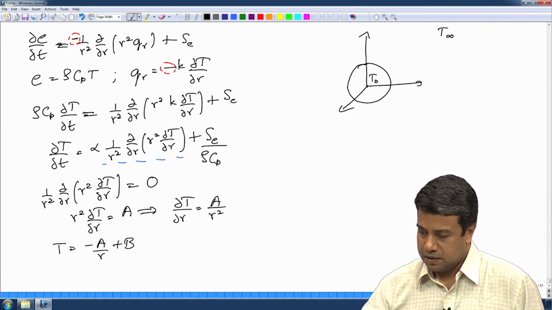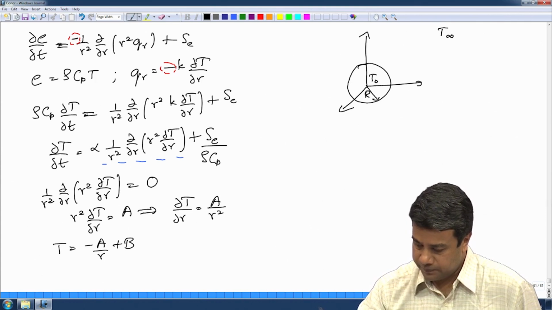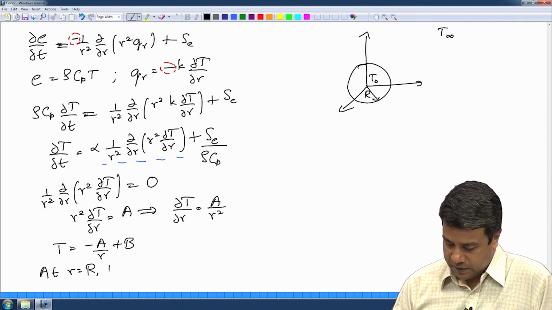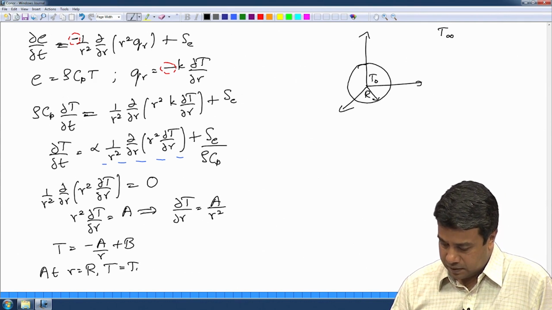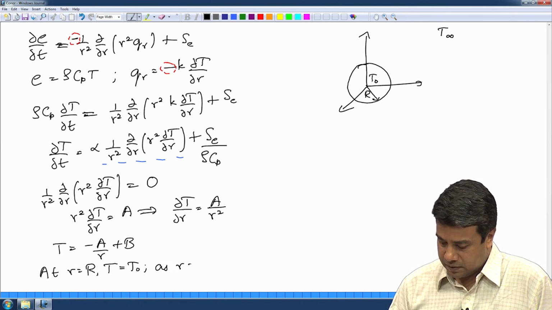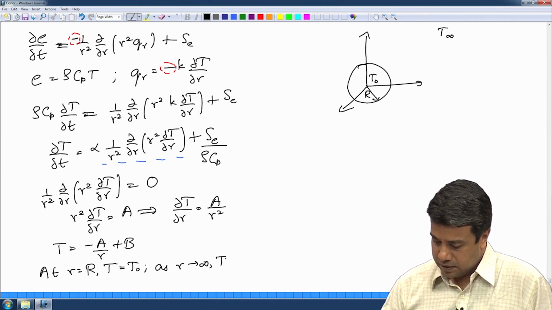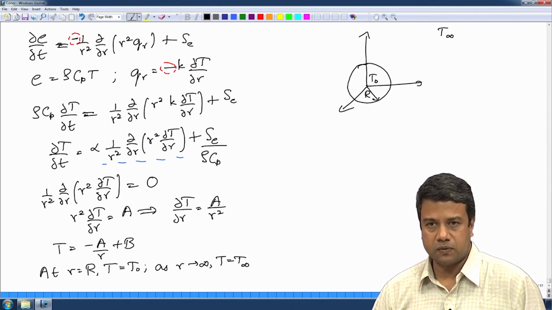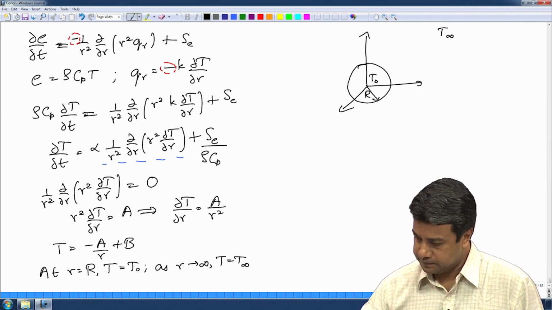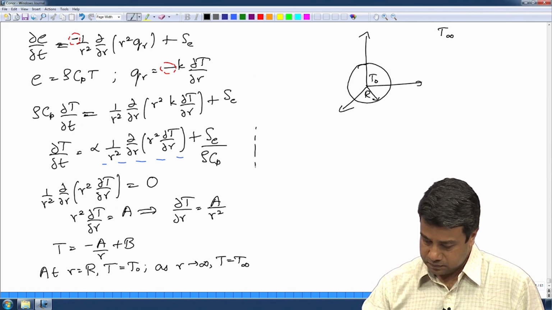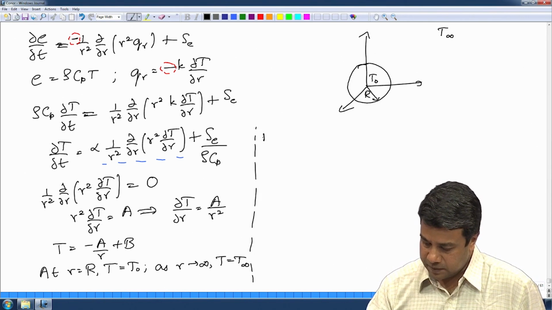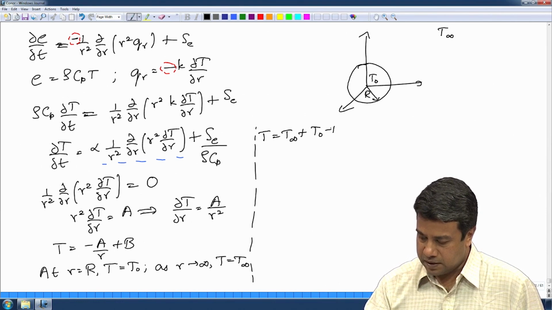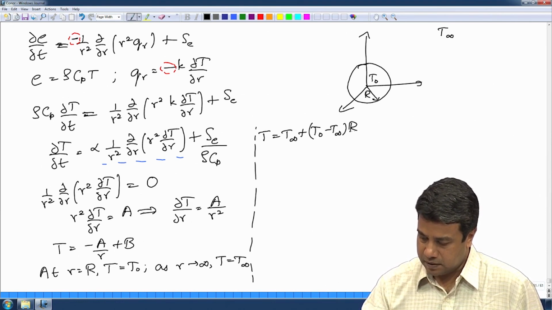Now, at r is equal to R, we know that T is equal to T naught, and as r goes to infinity, T is equal to T infinity. From this, we can calculate the two constants a and b. And the final temperature that you will get is T infinity plus T naught minus T infinity times R by r.